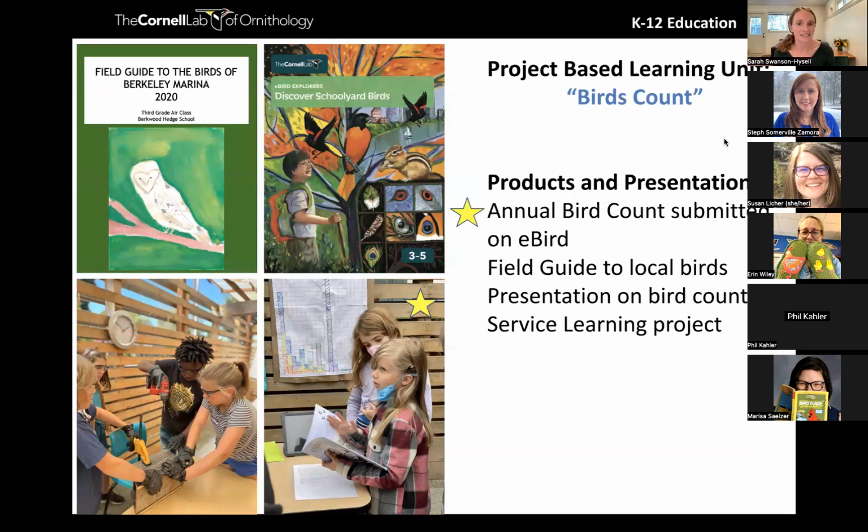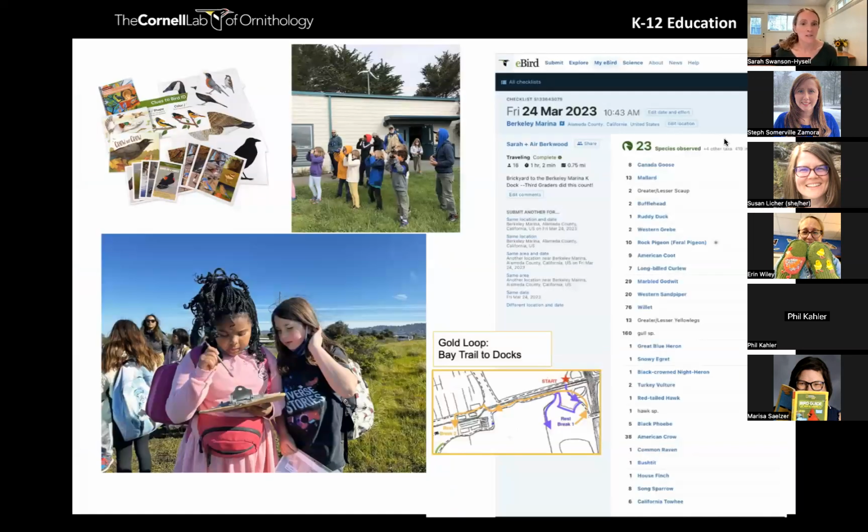Last year and over many years, we went to the Berkeley Marina to count birds. The Berkeley Marina is a local outdoor public park, and we went there 3 times over the course of 6 months.